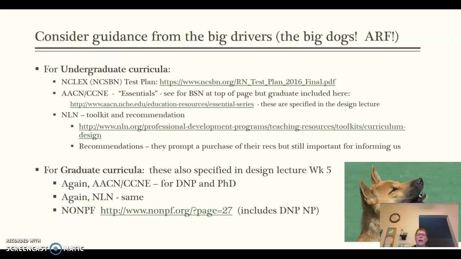And NLN, their expertise in particular, I thought, was the toolkits, helping nurse educators get grounded and effective too. Then on the graduate side, AACN, CCNE for DNP and PhD, and NLN the same, but then NONPF, of course, for nurse practitioners outright.